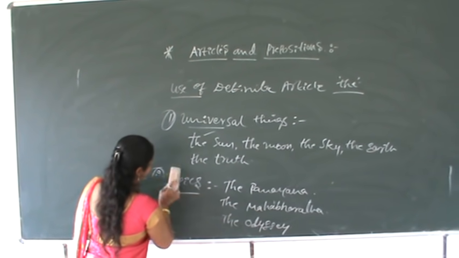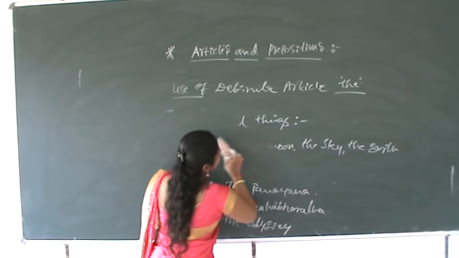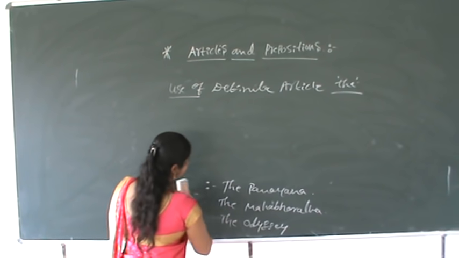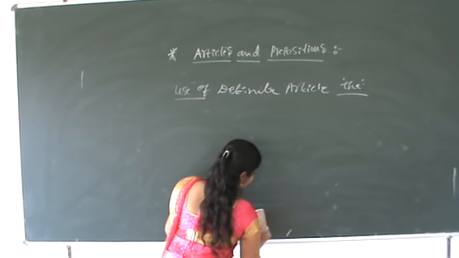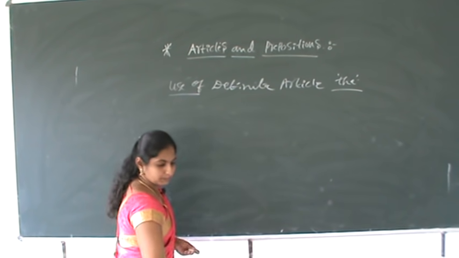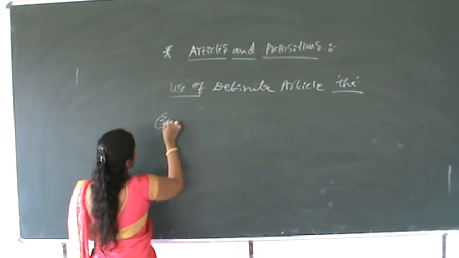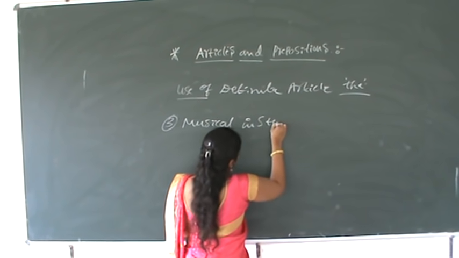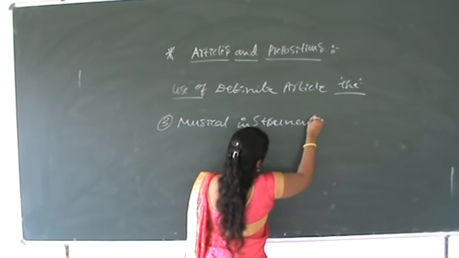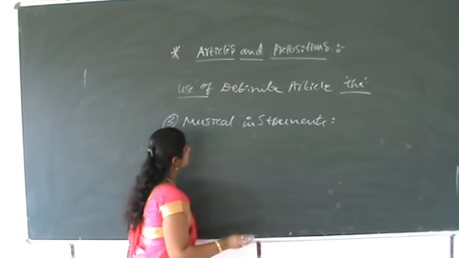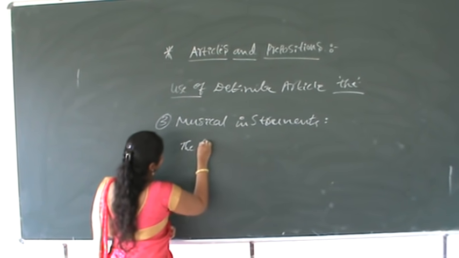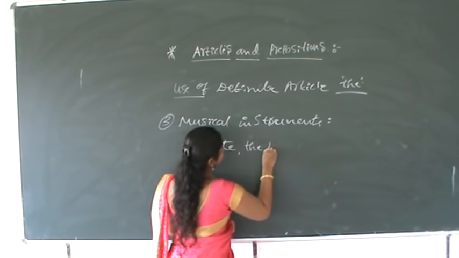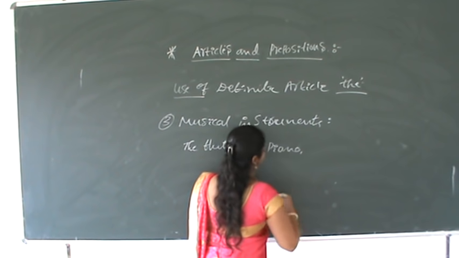Then the next point. Before the names of the musical instruments, for example, the flute, the piano, the violin.